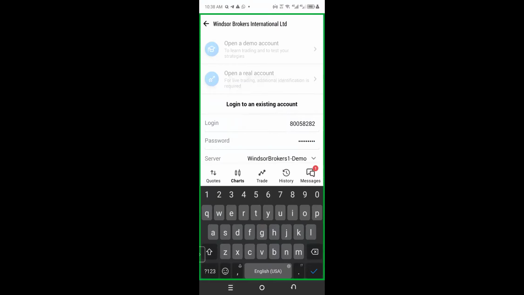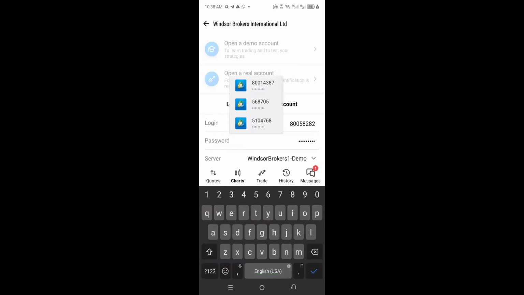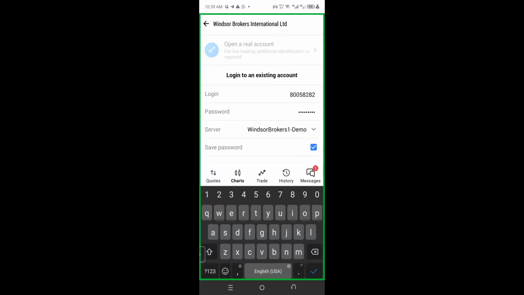I've put my password, so I'm going to share the screen again. I want you to pay very keen attention to this part. Oh, was I still sharing? Okay, I'm still sharing screen, no problem. The next thing is the broker ID, the server rather. For the server, please look at this: Windsor Broker 1 demo.